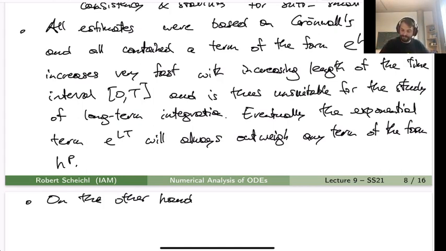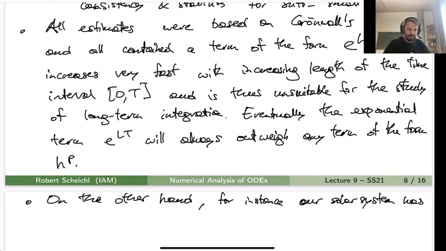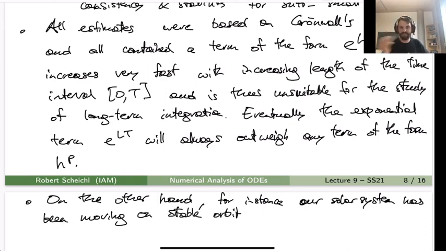So for instance, our solar system has been moving on stable orbits, satisfying ODEs, initial value problems, namely Newton's laws of motion, for several billions of years.